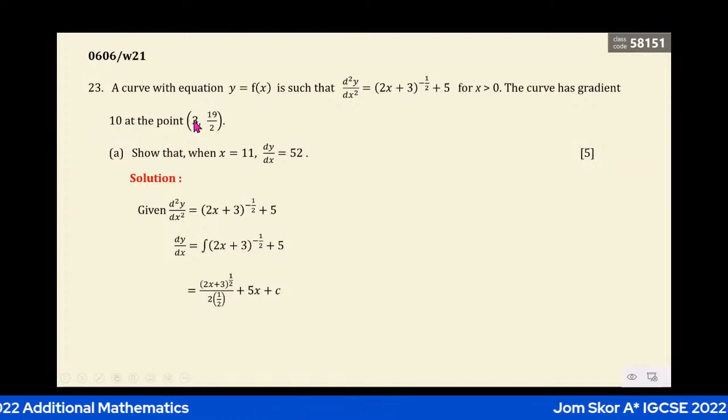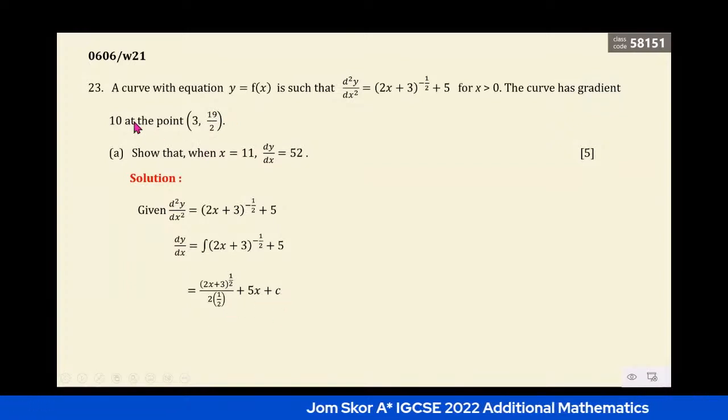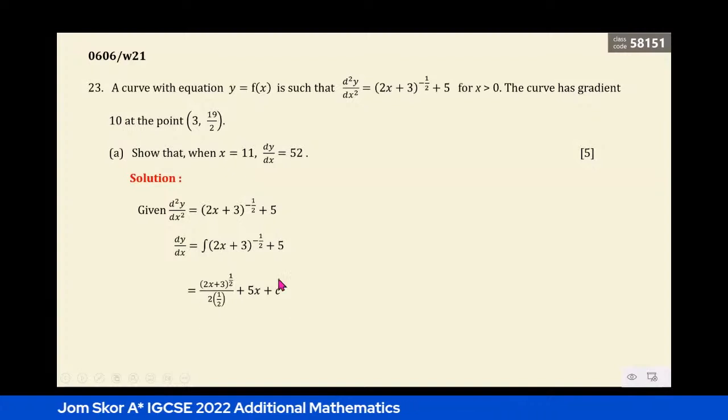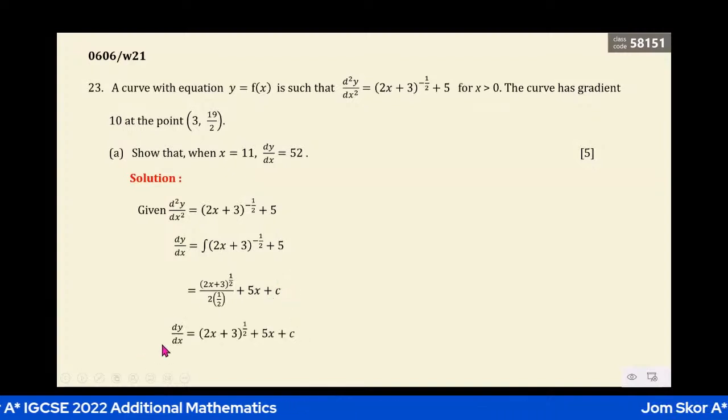This is the value of x, this is the value of y. So we have the value of x and the value of dy/dx. To find c, you substitute.